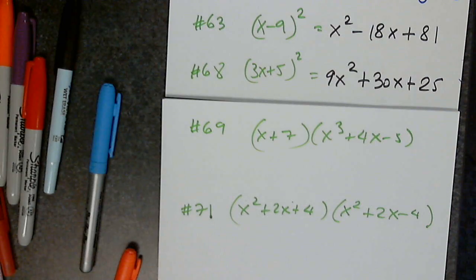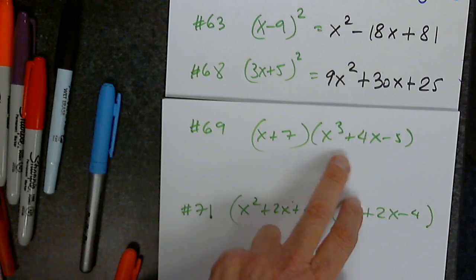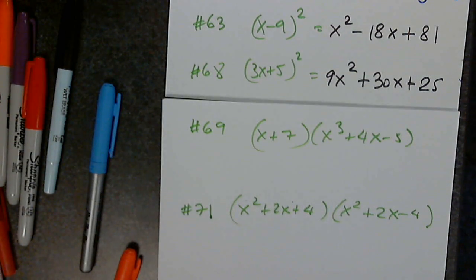Please work on 69: x plus 7 times x cubed plus 4x minus 5.